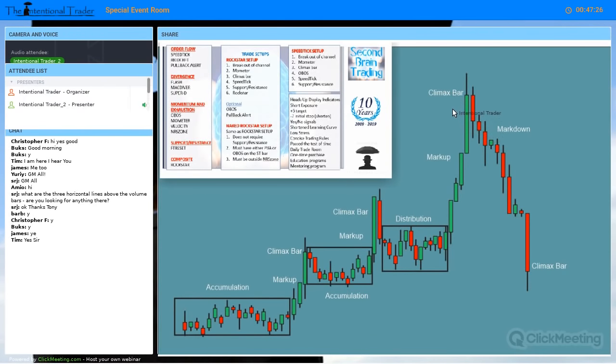So retail buyers start jumping in right as the demand for this instrument is gone. And when demand has diminished, what happens to price? It drops, right? It's all about supply and demand.